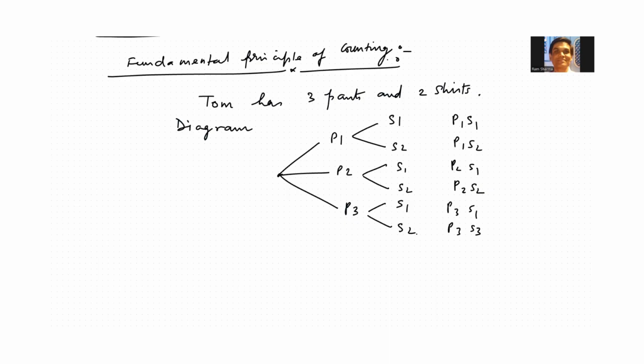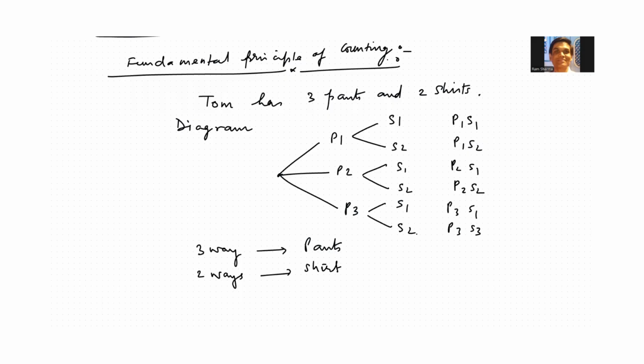So we could see that there were 3 pants, so there were 3 ways for pants and 2 ways for shirt.